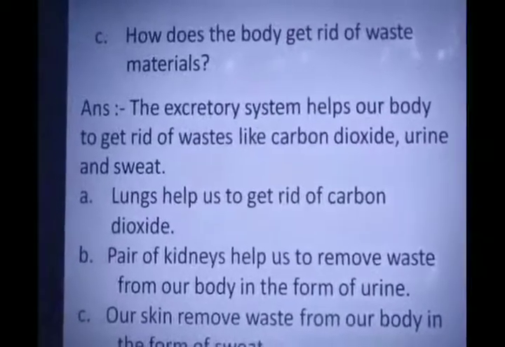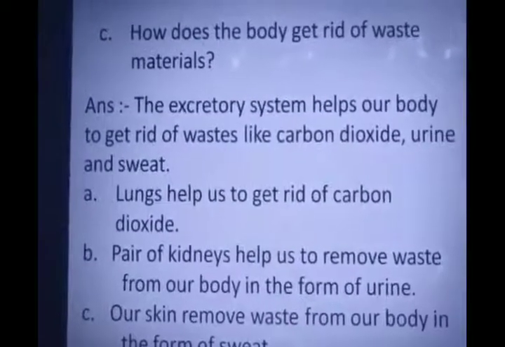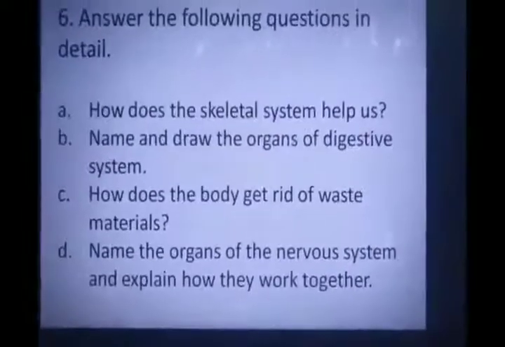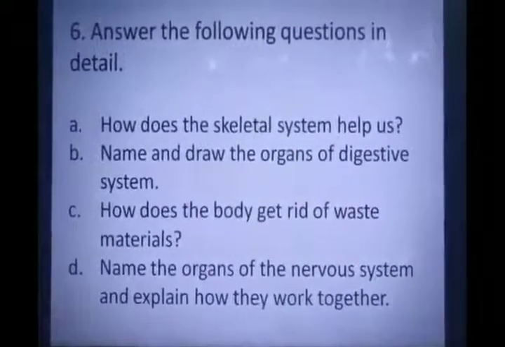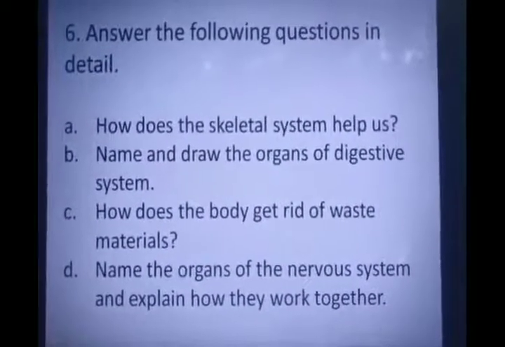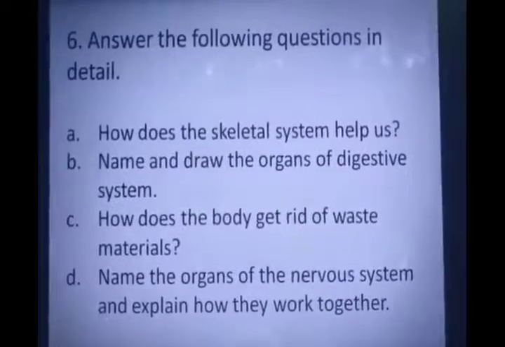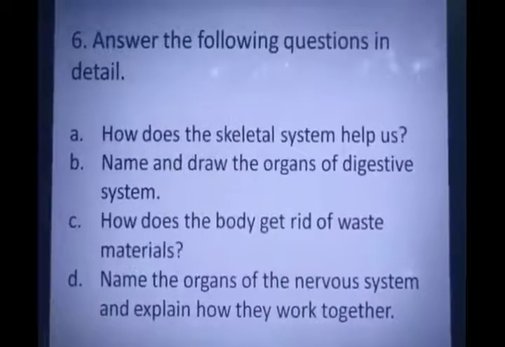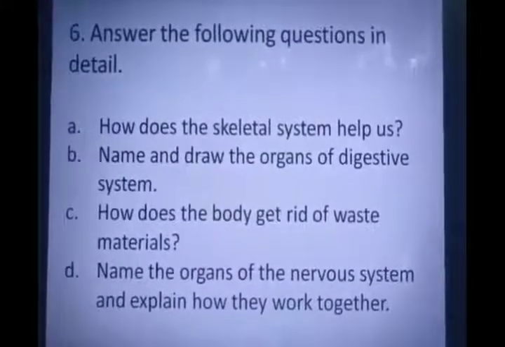Okay, let's move to our next question, that is question 6d. Question 6d is, name the organs of the nervous system and explain how they work together.